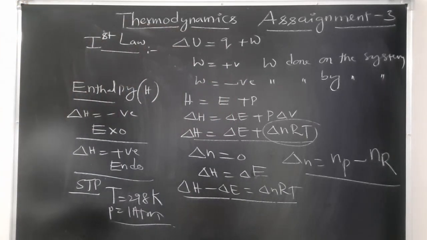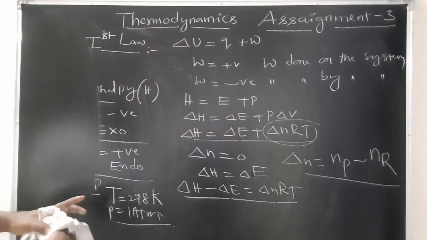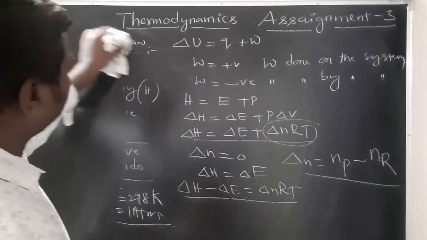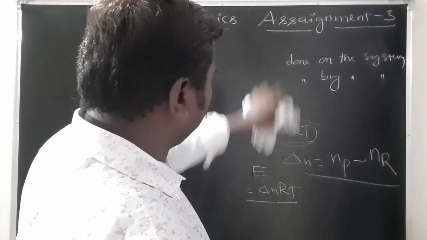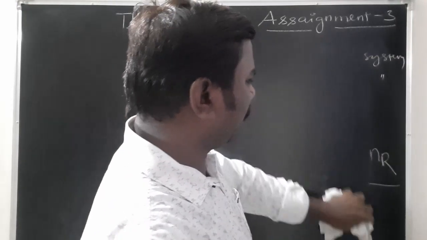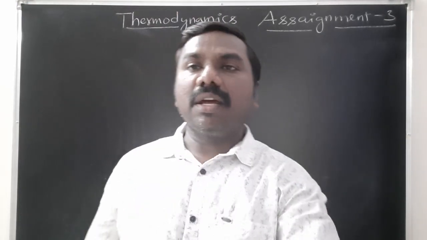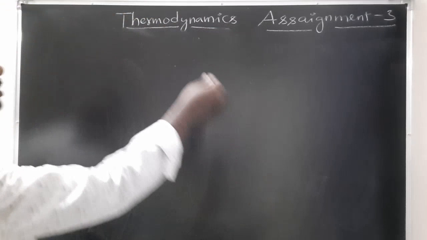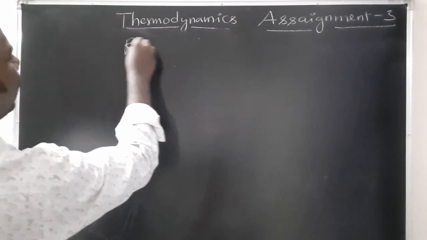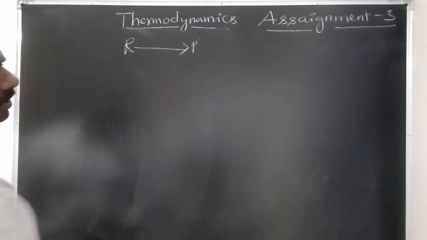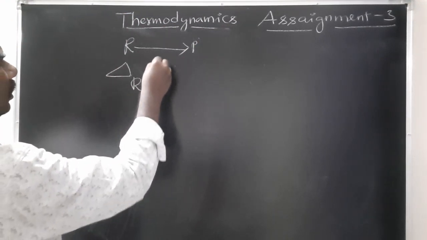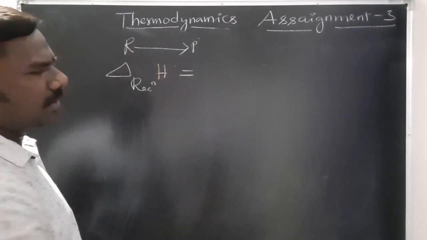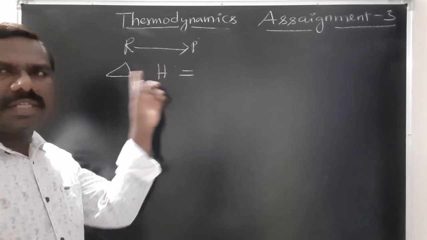So next, enthalpy of reaction. Enthalpy of reaction means the change in heat content at constant temperature for a reaction. For example, a reactant is converted into a product. The change in enthalpy of the reaction is indicated by delta rH.